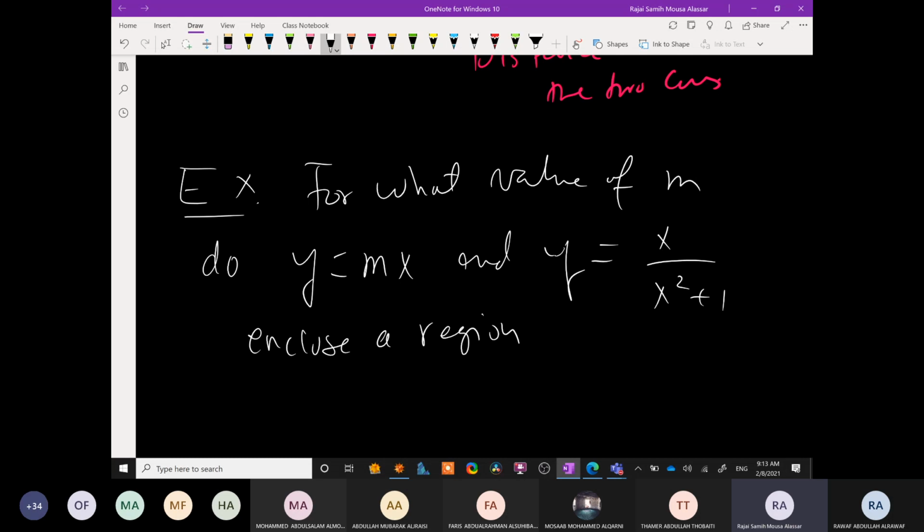Is it possible that they have a region in between? Let's see. And then find the area of the region.